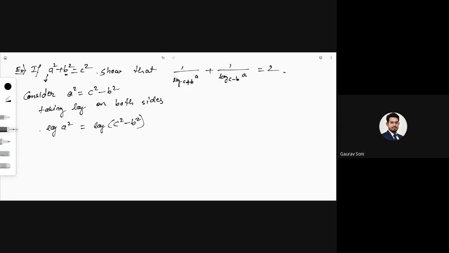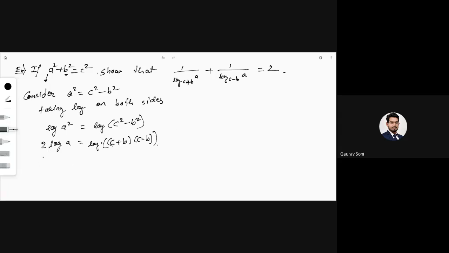Log of a square is nothing but 2 log of a, and on the other side, c square minus b square is (c plus b)(c minus b).